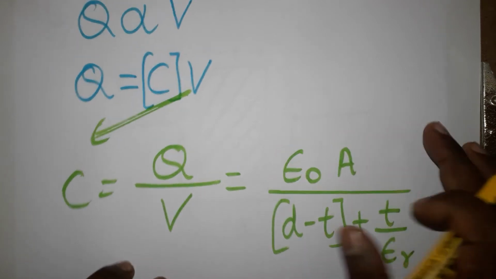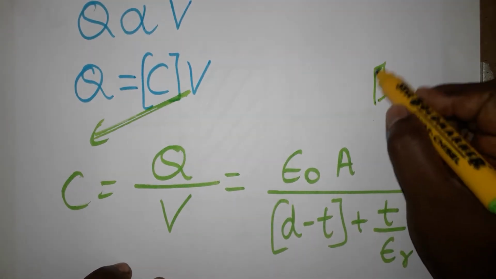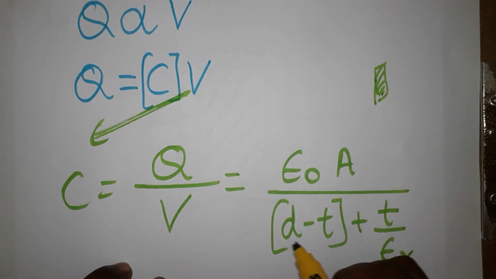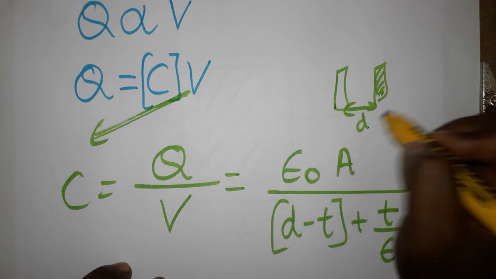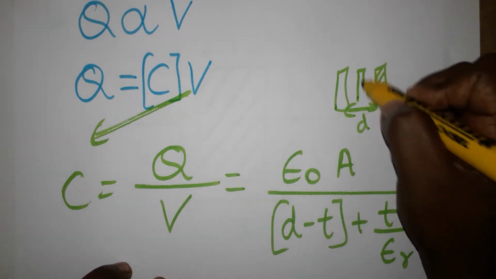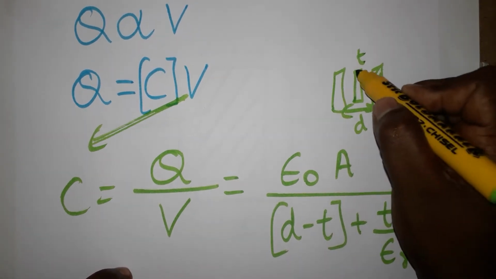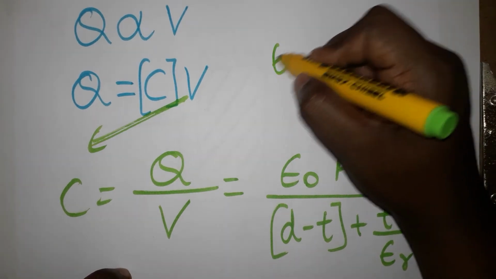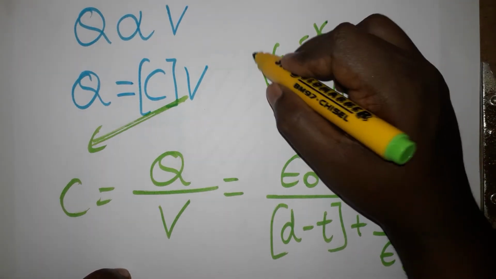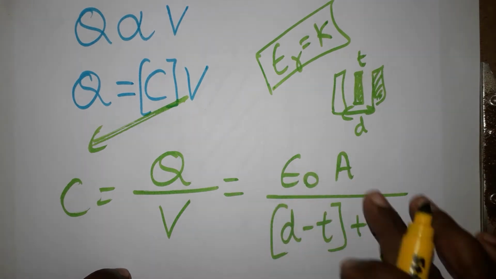A is the area of the parallel plates. d is the distance between the two parallel plates. t is the thickness of the dielectric medium which we inserted between the two parallel plates, and epsilon r is the relative permittivity. Otherwise, we can call it the dielectric constant, K also.